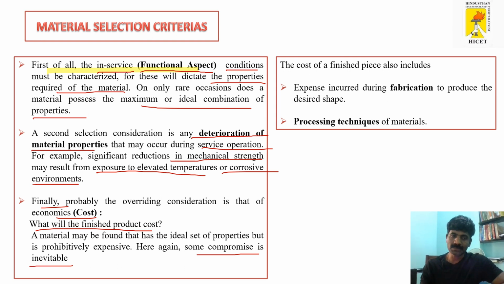So cost becomes the third criterion. The cost of the finished piece also includes the fabrication method and the processing techniques of the material. All these things are considered while selecting a material for a particular application.